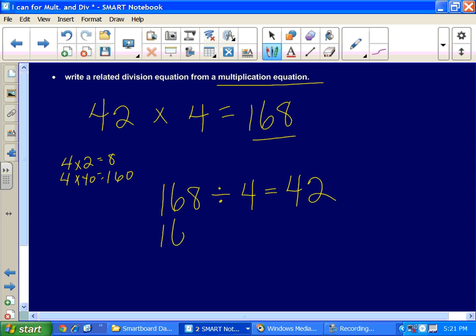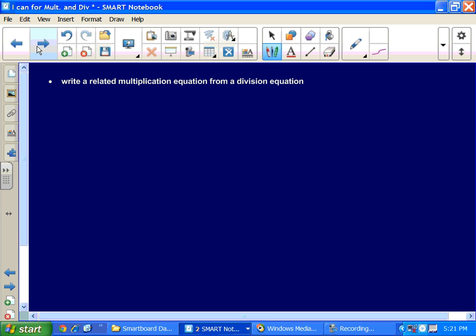Likewise, that's not the only one. We could say 168 divided by 42 would be 4. So that relationship is very important, those related division problems to the multiplication. Remember in class we talked about if you know 1, you can get 3 for free. Okay. So let's see, we're going to go right on to the next one.